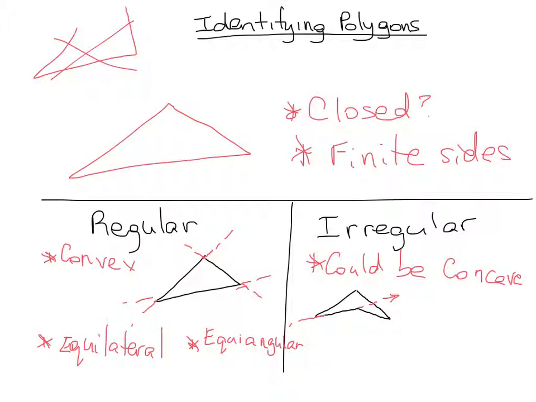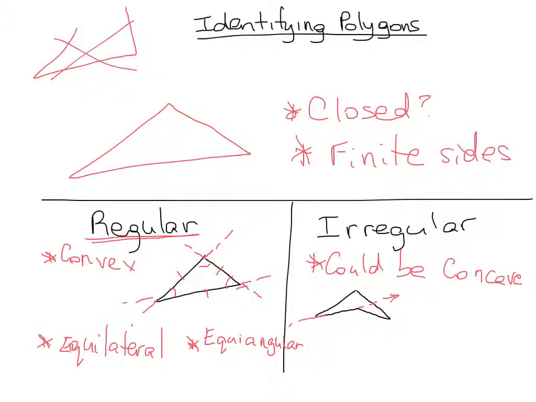I know I said that really strangely, but equiangular means that all the angles within the polygon, in this case, all of the angles have to be equal. For equilateral, all of the sides would be equal. So once you have an equilateral, equiangular, convex polygon, it is said to be regular.